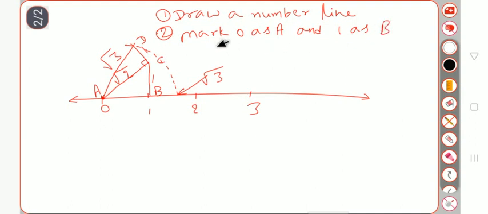Now step 3 is take a perpendicular of 1 unit at point B. Take BC equal to 1 unit which is perpendicular on a number line.